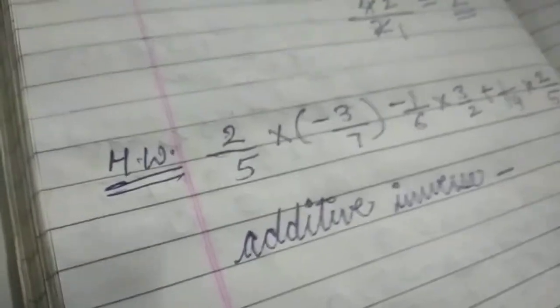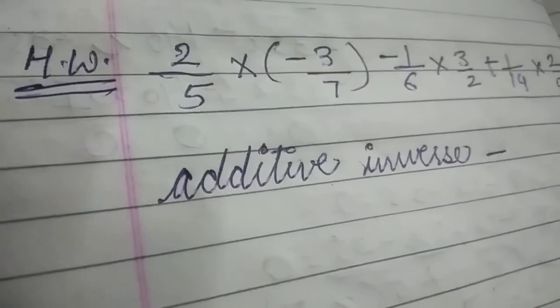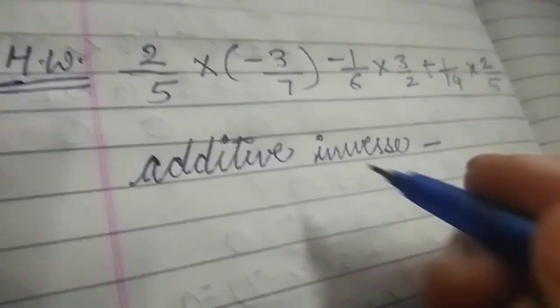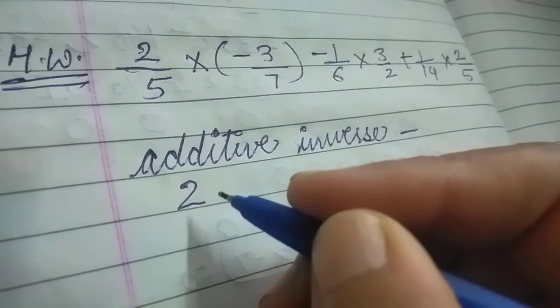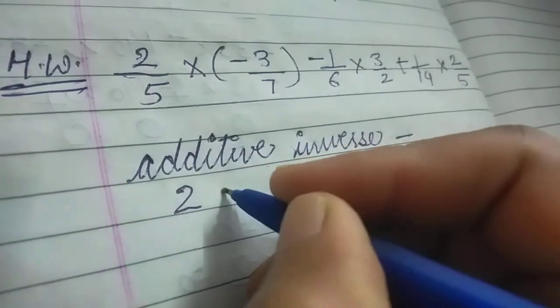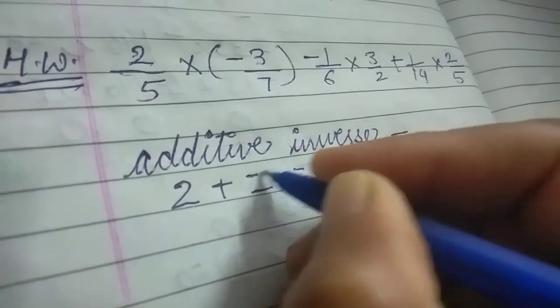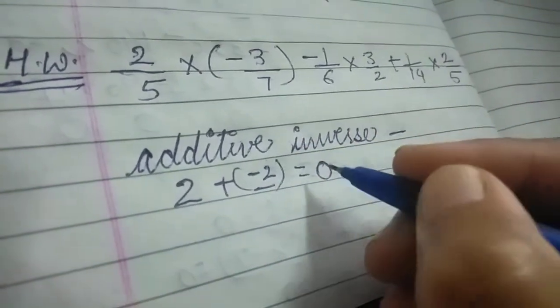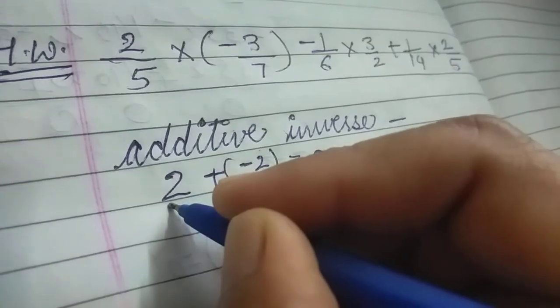Additive inverse is the number which, added to any number, gives 0. Such as if I take a number 2, what should I add to get 0? I should add minus 2 to get 0. So minus 2 is the additive inverse of 2.